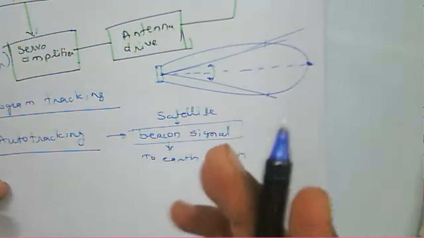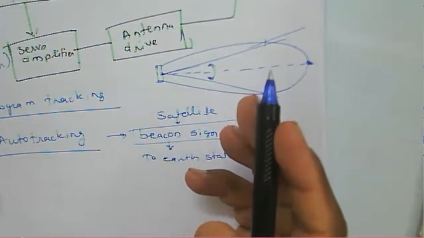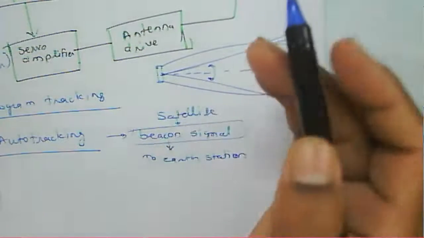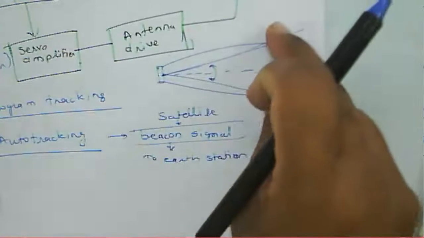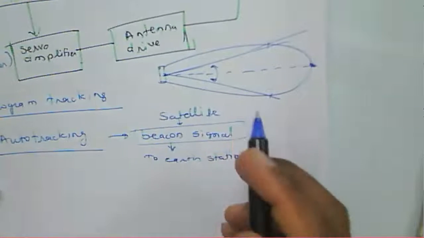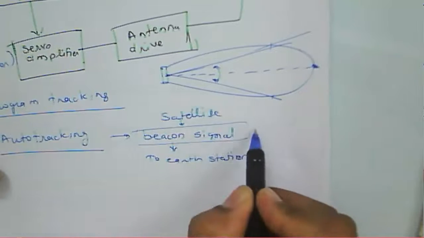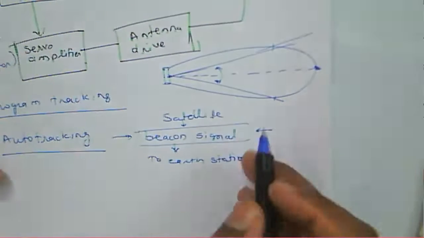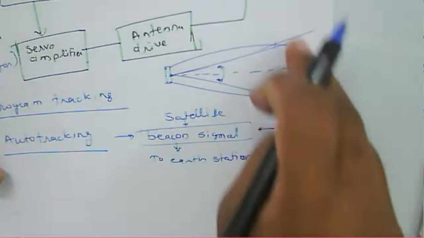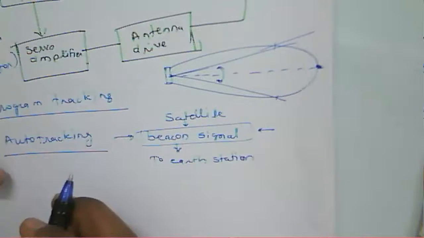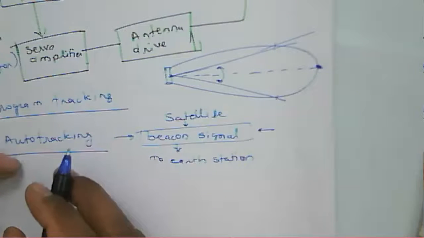So we have the beacon signal received by the Earth station, and earlier we were receiving the signal from the satellite. So the two signals need to be compared to see where the maximum position is.